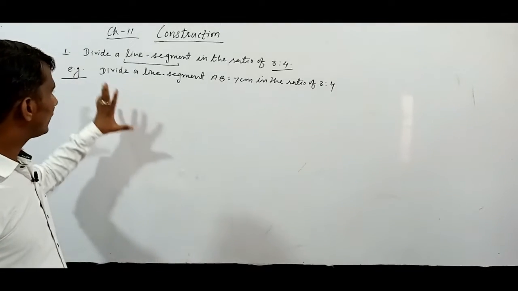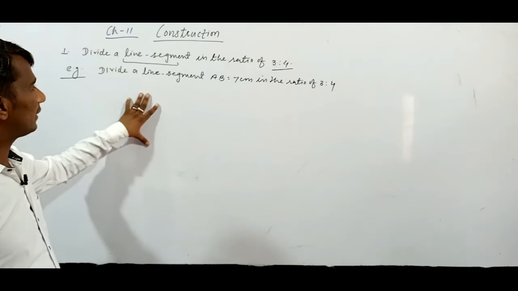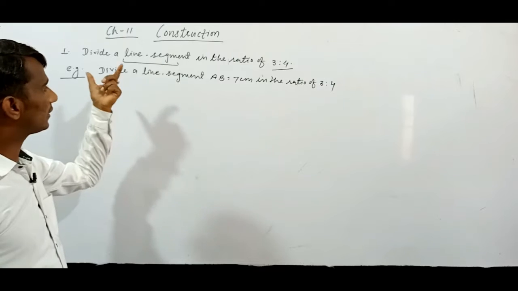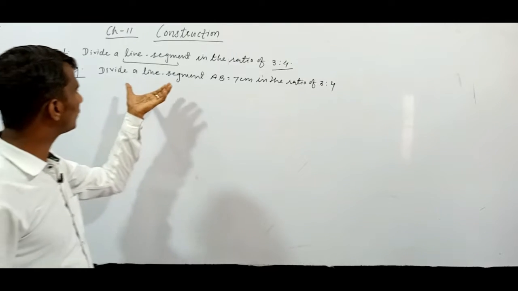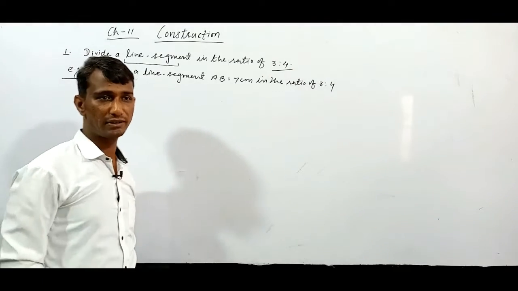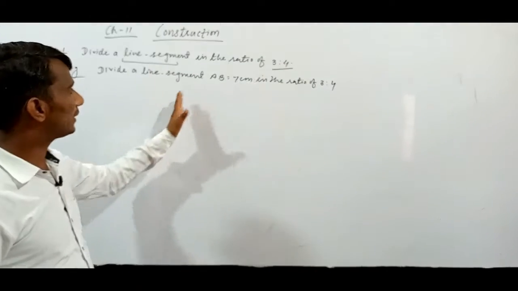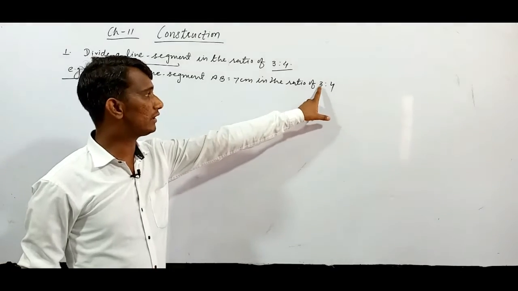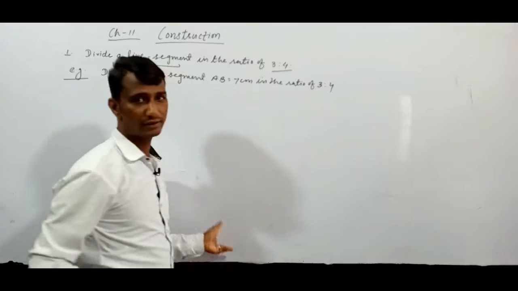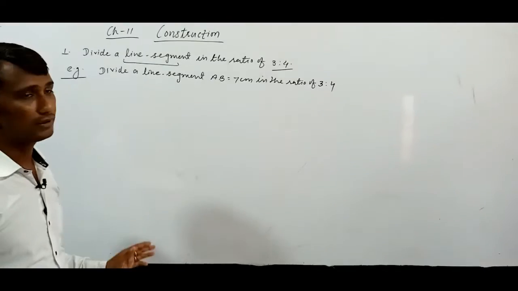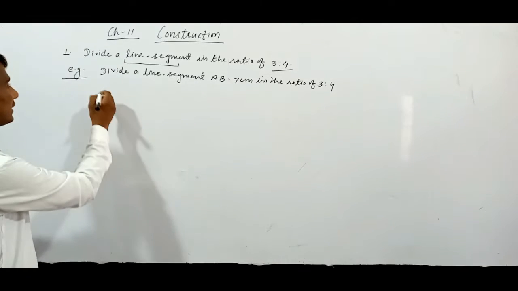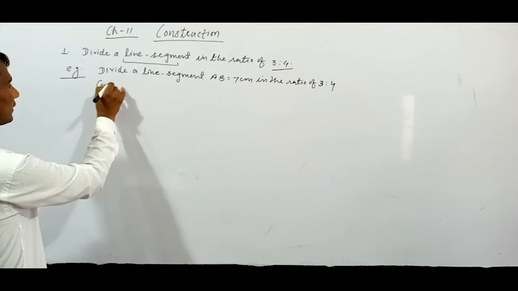Means in this construction we shall learn about the division of a line segment and the ratio of the line segment. Here 3:4 is given, means we make two parts, the first part 3 and the second part 4. Okay. So first, construction steps.